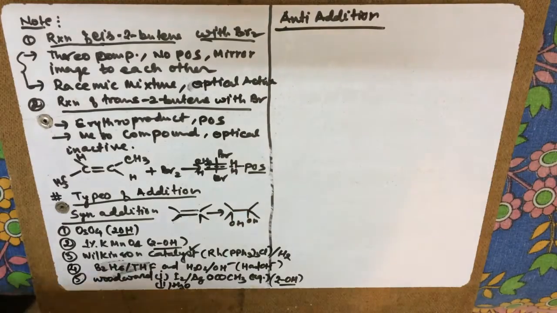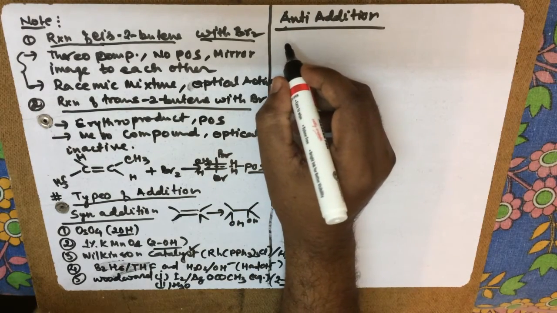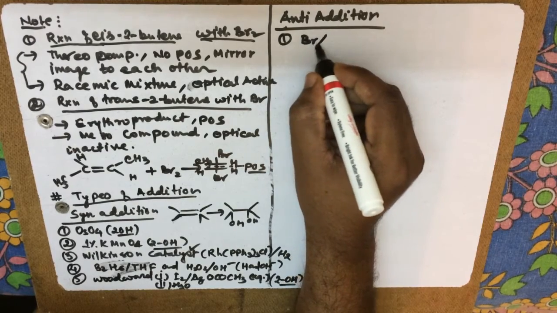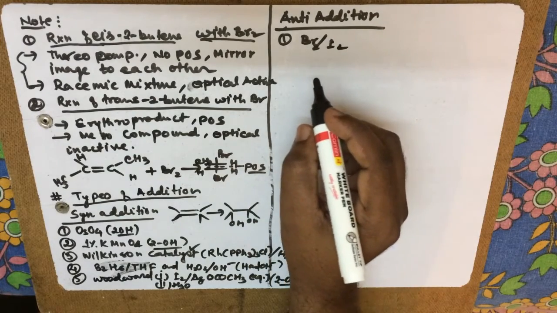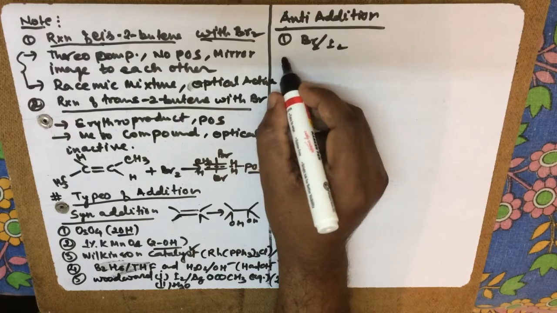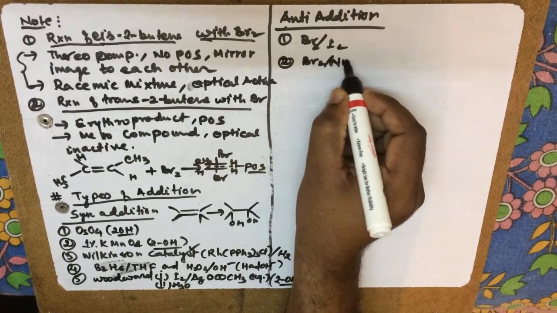So under this addition you will get this condition: bromine, I2, Br2 nucleophile.